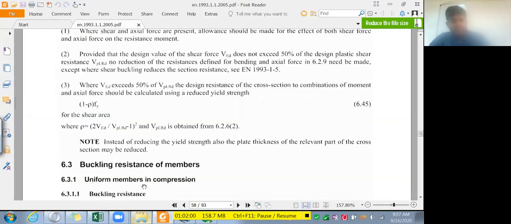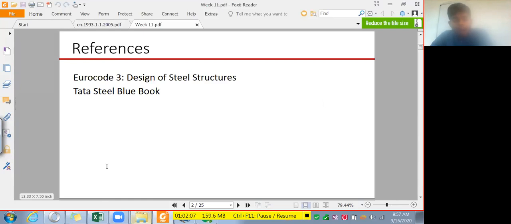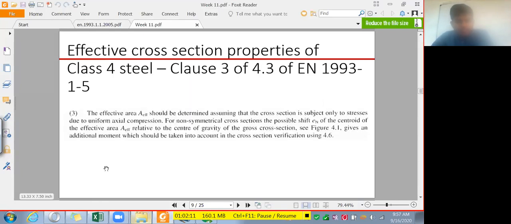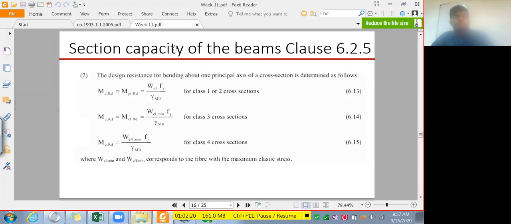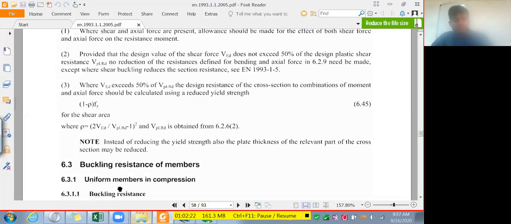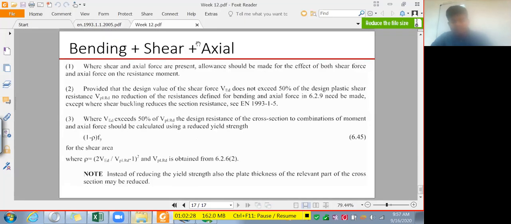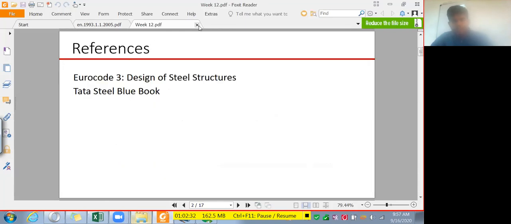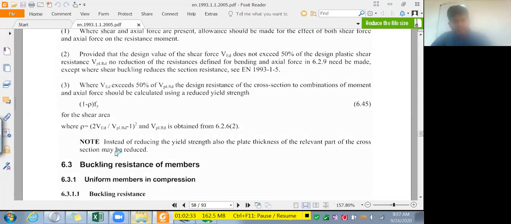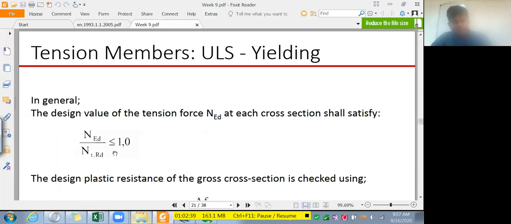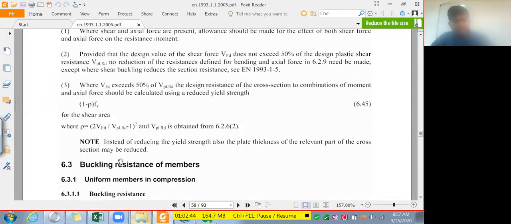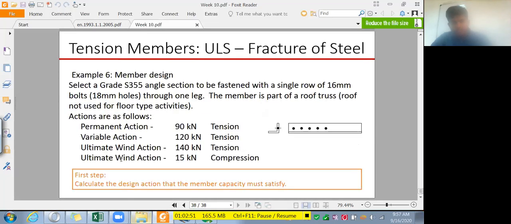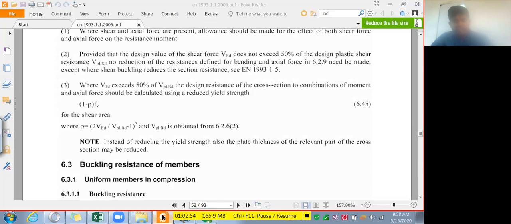We have completed the tension members. Shear. Let us see the code.